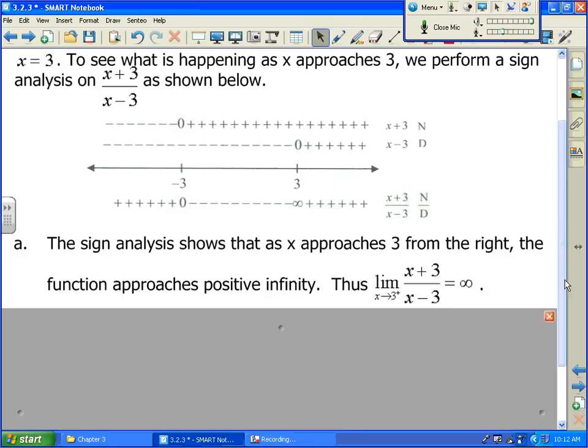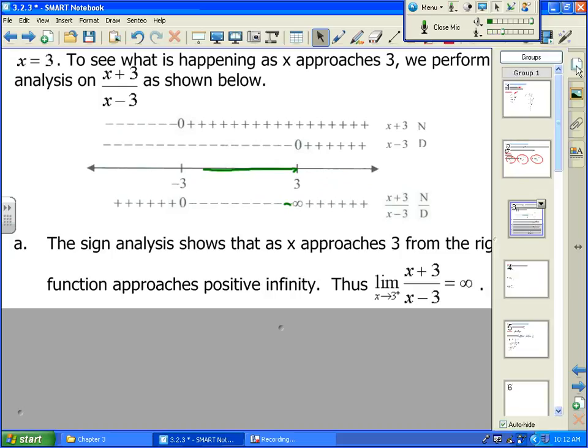Now as I approach 3 from the left, which is your second question, or question B, I'm approaching +3 from left to right. You can see my function is approaching negative infinity. Very clear for us. So if my right-hand limit approaches positive infinity, my left-hand limit approaches negative infinity.